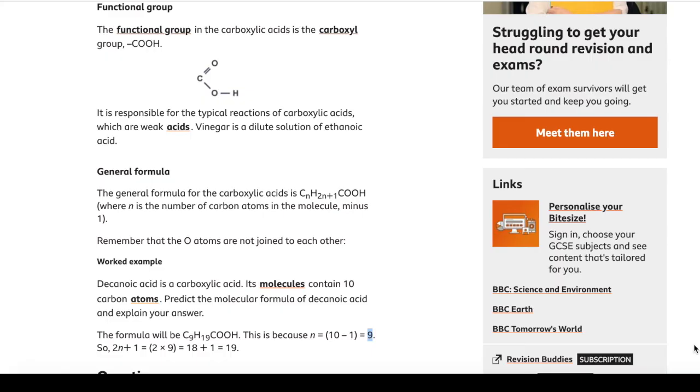With regard to carboxylic acid, you have to be careful with how you predict the molecular formula for this group, because the functional group COOH already contains one carbon, right? So when you use the general formula CnH2n+1COOH, you have to be careful that n needs to be minus 1 so that you can make the right prediction for that molecular formula.